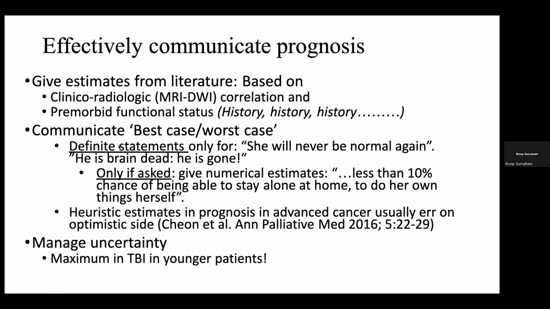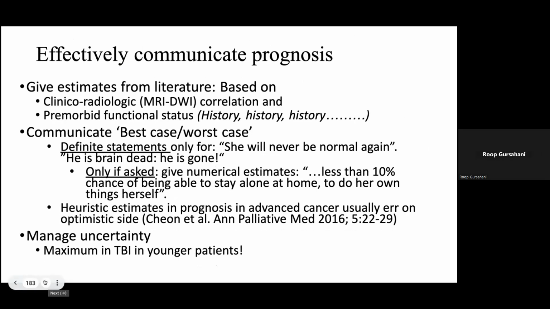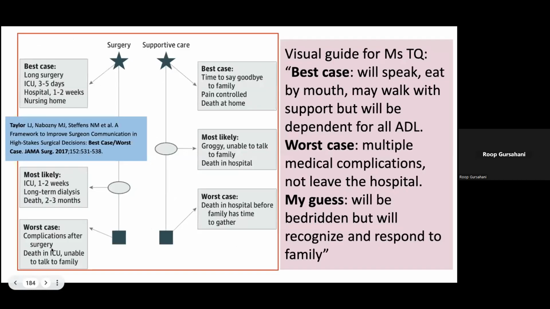So when we communicate prognosis in these situations, we usually prefer to put it in best case versus worst case. Typically, definite statements are only for, say, something like brain death or, say, so-and-so will never be normal again. The one thing that we realize is that traumatic brain injury in younger patients is one of the most uncertain situations, and you have to manage that uncertainty.